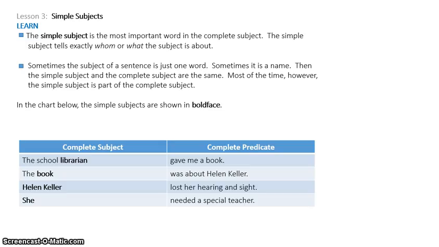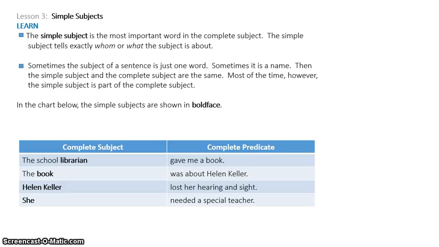In that case, it's librarian. School is telling me what kind, so school is called a describer or an adjective. And the is also an article, which is also a describer. So I was looking for one word, the simple subject, and in that sentence, it happens to be librarian.